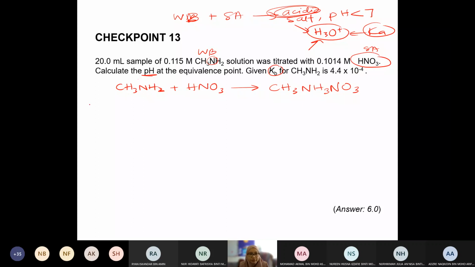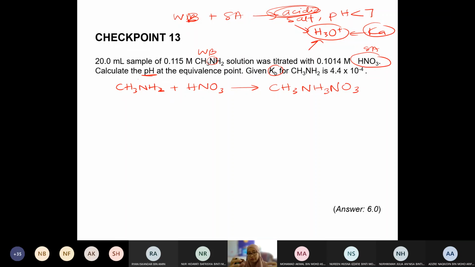Alright, so we need to consider the mole. We don't use concentration because this is a reaction between the acid and base. To represent the actual reaction between the acid and base, the best way is to use mole.